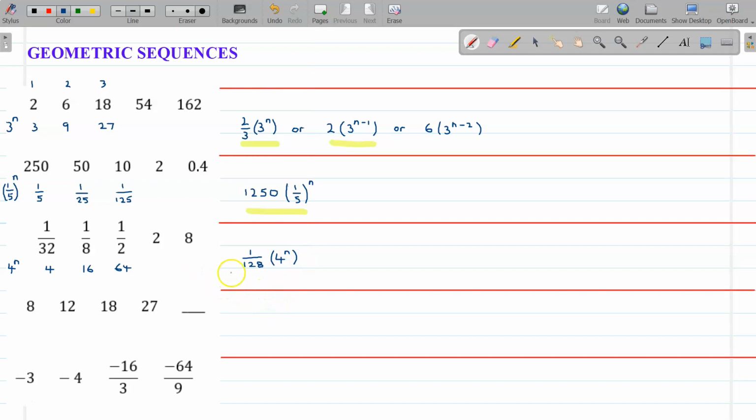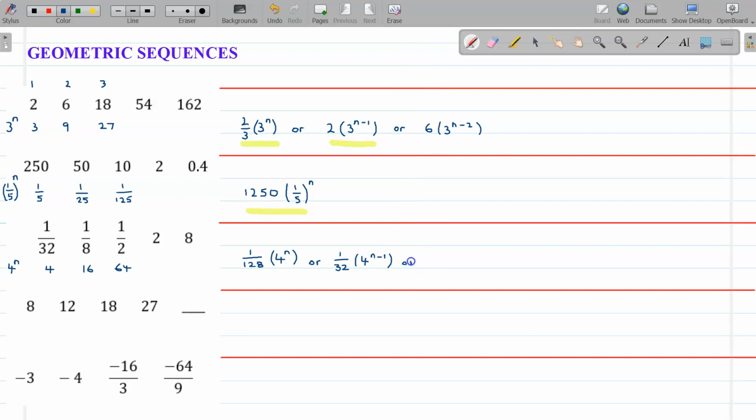But I could say, well, I don't really want this fraction here, so I'm going to multiply that by 4 to give me 1 over 32. Okay, and that's a smaller fraction, or rather a larger fraction, but a smaller number on the denominator. But then it would have to be 4 to the power of n minus 1. And then I'm thinking, well, if I'm going to do that, why don't I make it 4 times bigger again?